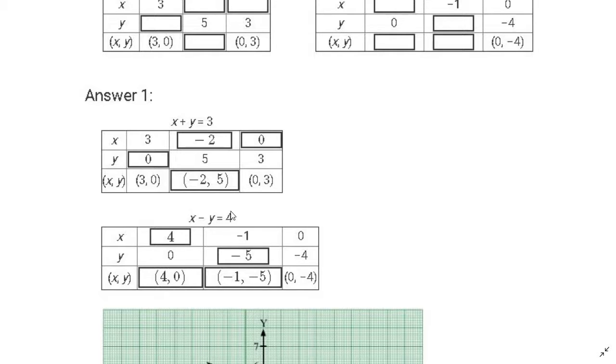Minus 1 minus y is equal to 4. So minus y is equal to 4 plus 1, because minus y on the left side will be positive on the right side. So minus y is equal to 5. So y is equal to minus 5. Right?